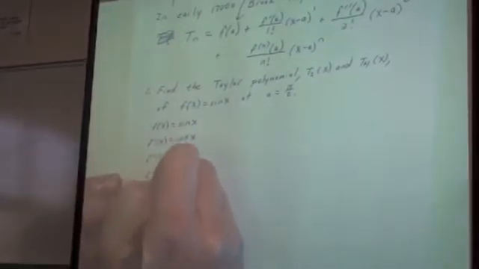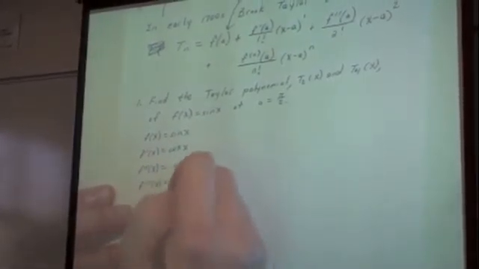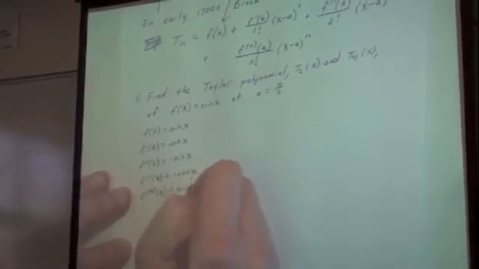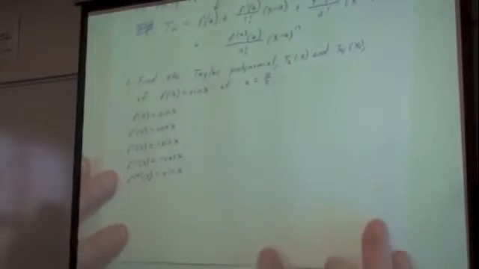Third derivative of negative sine, we know is going to be negative cosine. And then I'll keep on going down to the fourth derivative, which we know is just going to complete the cycle here. Derivative of negative cosine takes us back to sine. Every fourth derivative of the sine function completes the cycle.